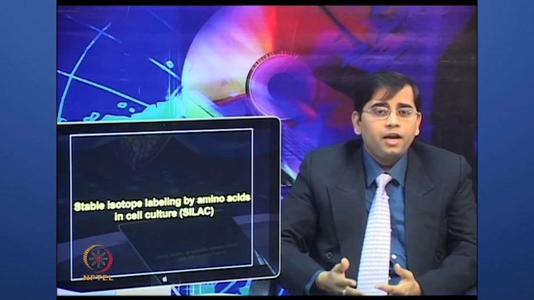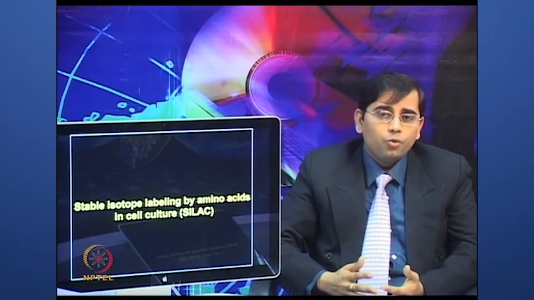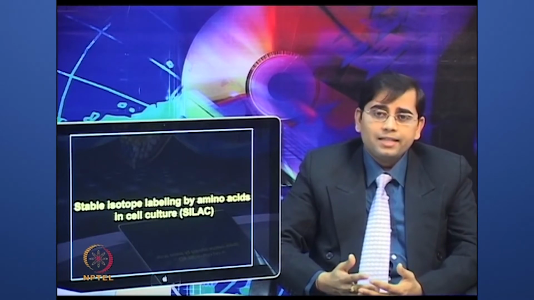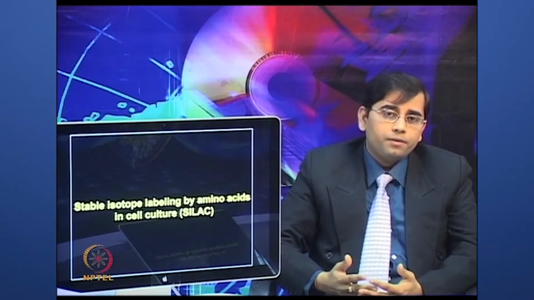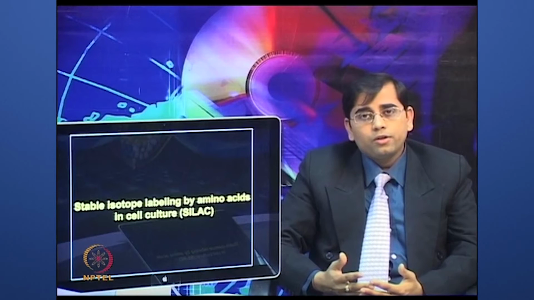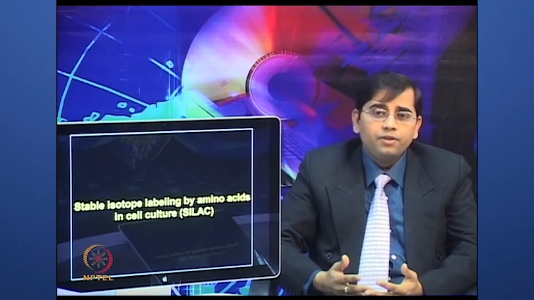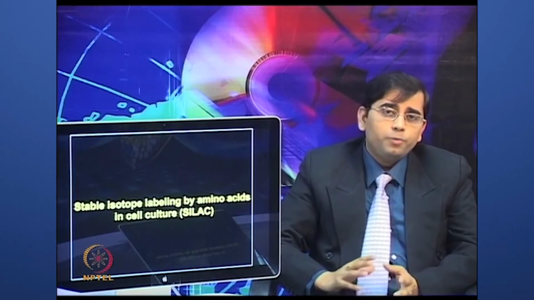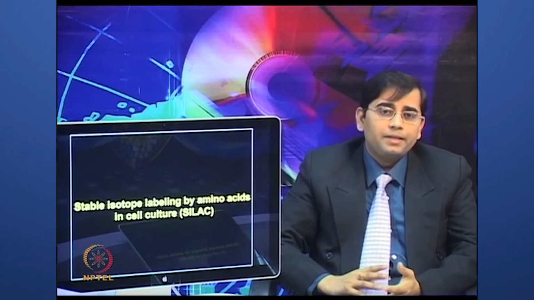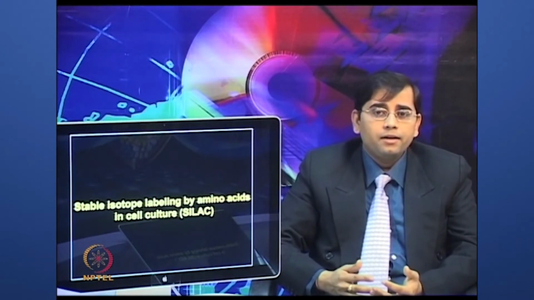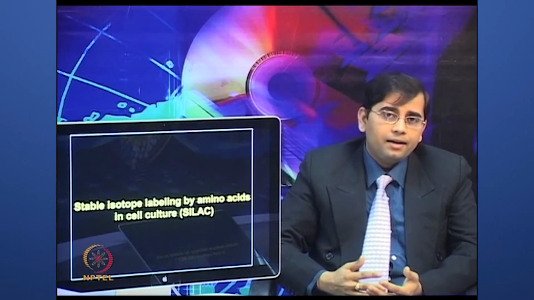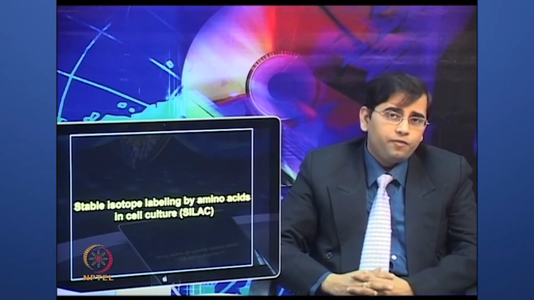Incorporation of the heavy amino acid occurs through the cell's own protein synthesis and turnover. The SILAC method allows light and heavy proteomes to be differentiated by the mass spec while avoiding any chemical derivatization and associated purification.